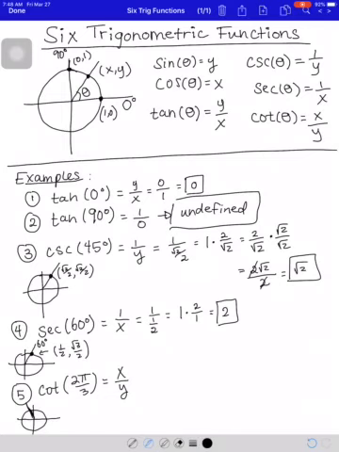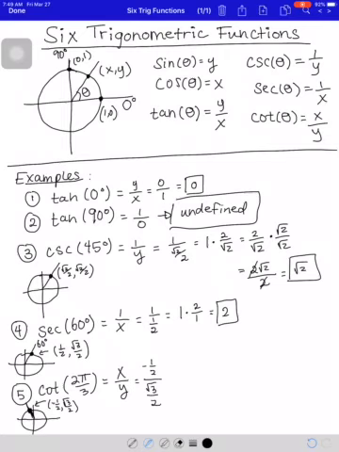You can refer to your unit circle. And what is this point? Well, let's see. My x-coordinate is going to be a negative 1/2, and my y-coordinate is positive root 3 over 2. And so if we plug into our definition here, x over y is going to be negative 1/2 divided by root 3 over 2.